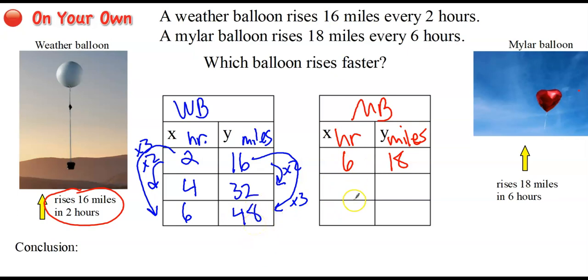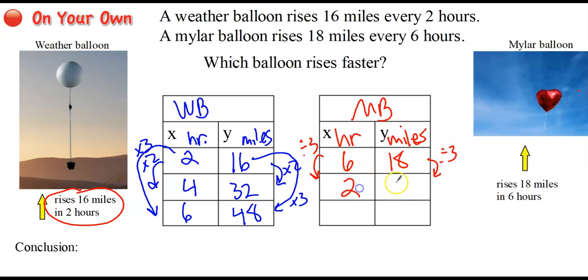So it might make sense to put some of the values in here that match over here. So I started thinking, what if I took the 6 and I divided it by 3? So if I divide by 3, then I would divide by 3 over here.